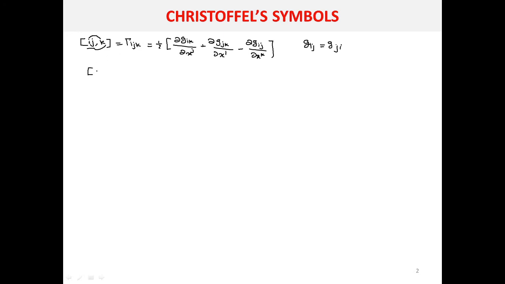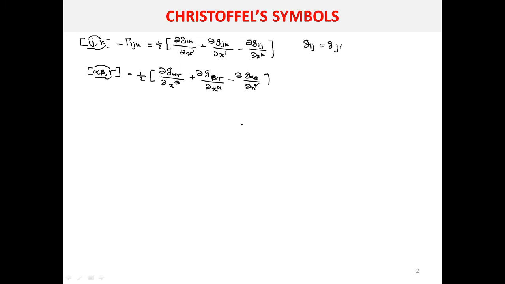For example, if you are going to define the Christoffel symbol alpha, beta, gamma, you can write it as 1 by 2 times dou g alpha gamma divided by dou x beta, plus dou g beta gamma divided by dou x alpha, minus dou g alpha beta by dou x gamma.